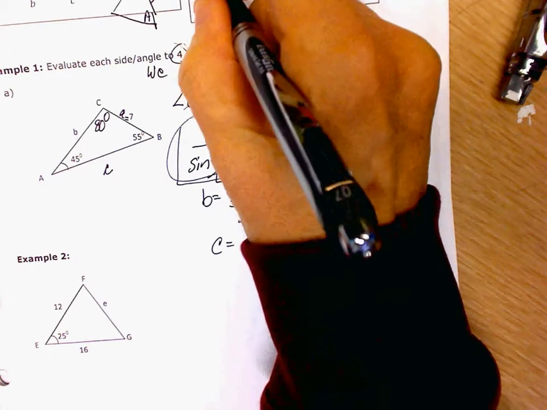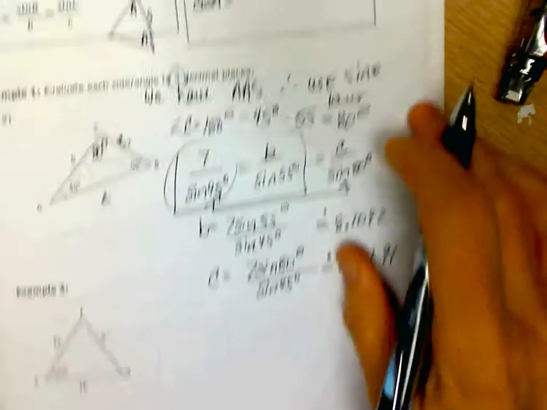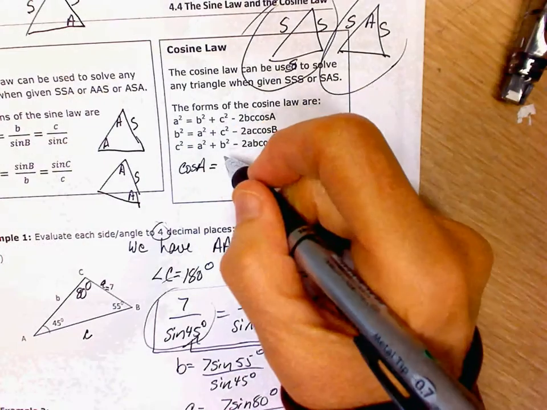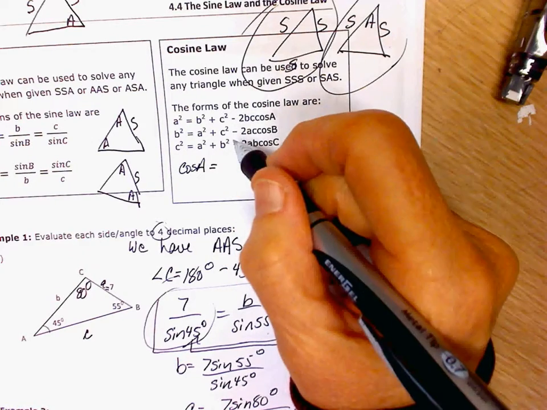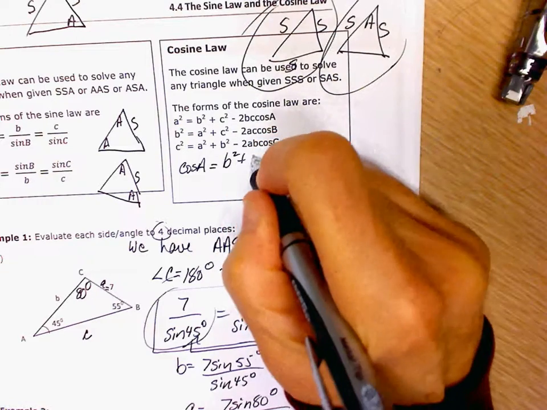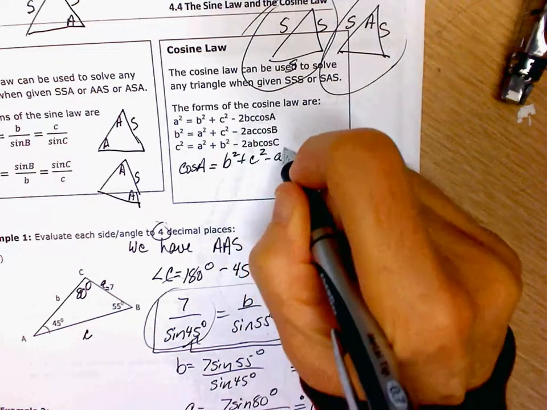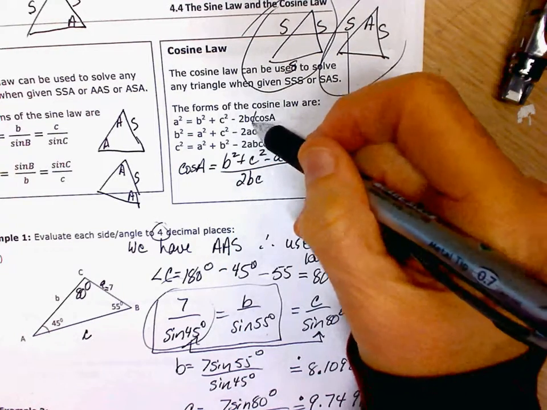Cos of A will equal b squared plus c squared minus a squared all over 2bc. If you were to solve for this, that's what you would get.